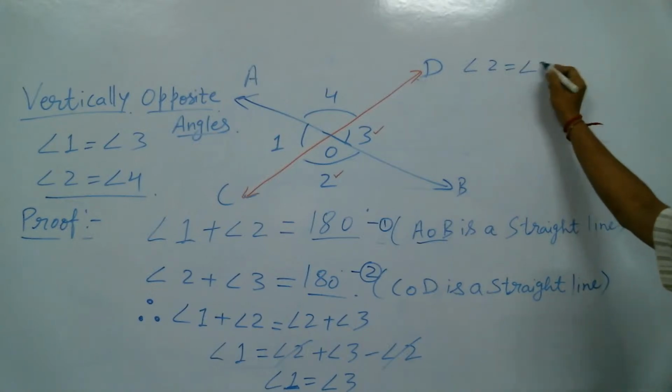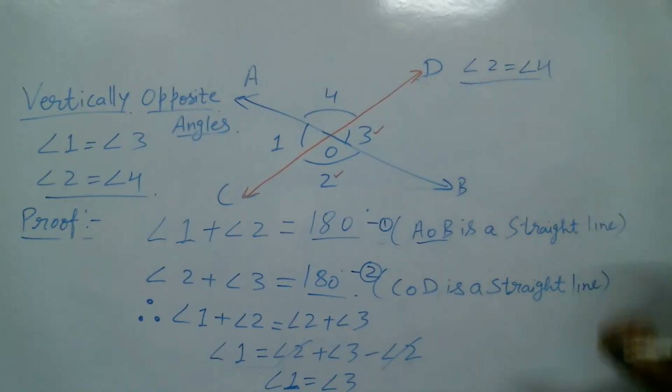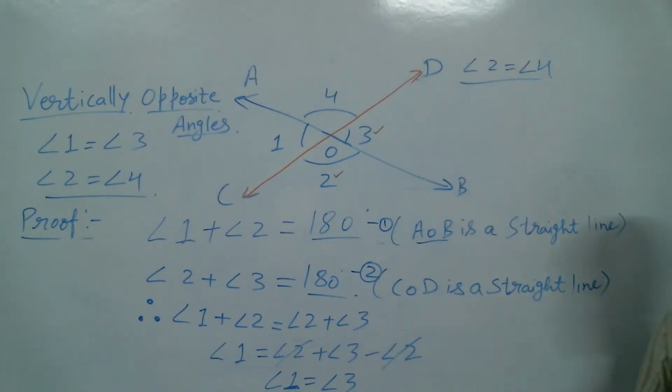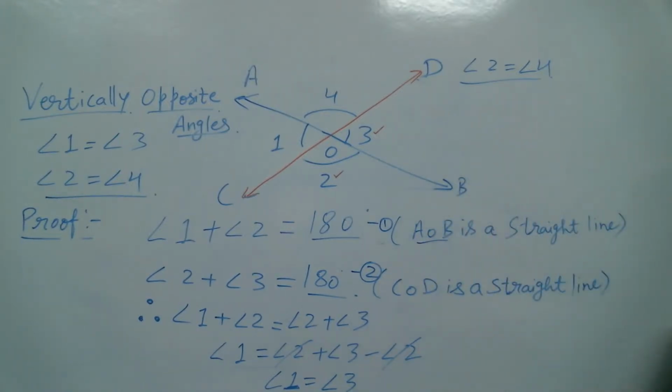And now all of you, please try to prove angle 2 equal to angle 4. चलो मुझे ये प्रूफ करके दिखाओ. अगर मुझे 2 और 4 को इक्वल प्रूफ करना है, 2 equal to 4 कैसे प्रूव होगा? How? What should I write? Help me in finding the proof angle 2 equal to angle 4. कैसे करेंगे आप? 1 और 3 तो हमने कर दिया.